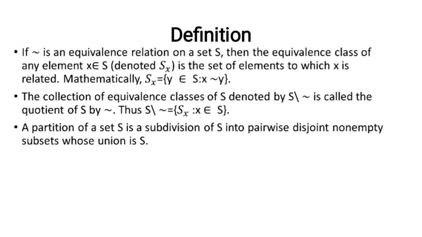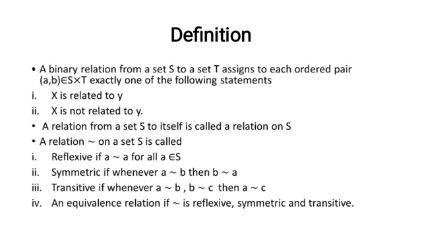The next definition you need to know is what we call an equivalence class. So we have tilde as an equivalence relation on a set. First you have an equivalence relation, meaning that it satisfies the three conditions: it is reflexive, symmetric, and transitive.